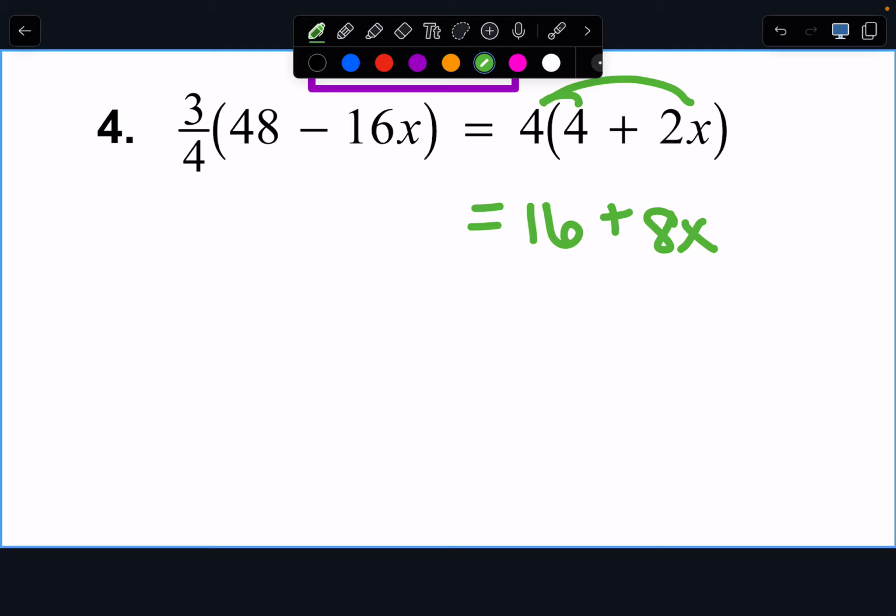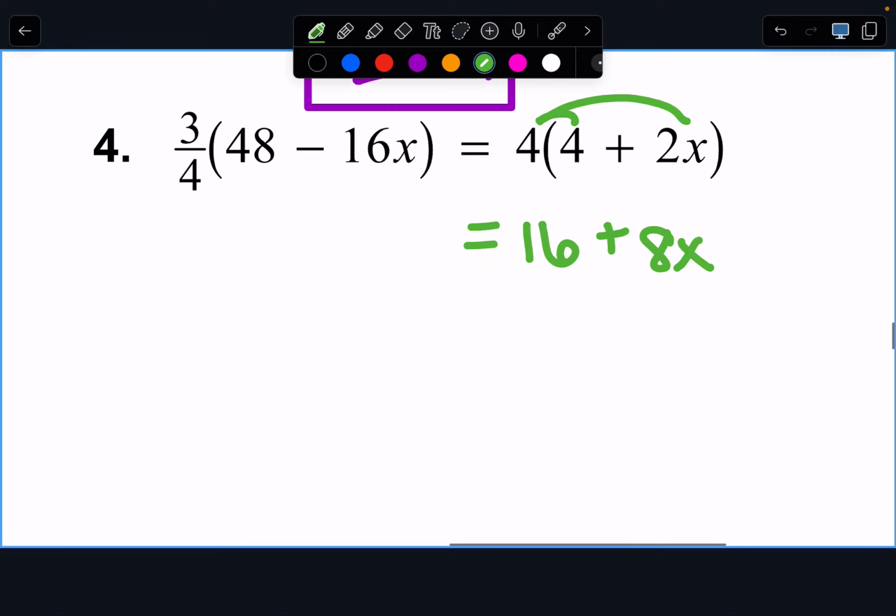I am not going to deny you a calculator. However, when we distribute 3/4 through here, 48 times 3/4 means 48 times 3 divided by 4. It's okay if you do 48 divided by 4, then multiply by the 3. So that seems like it will be better for our brains, right?